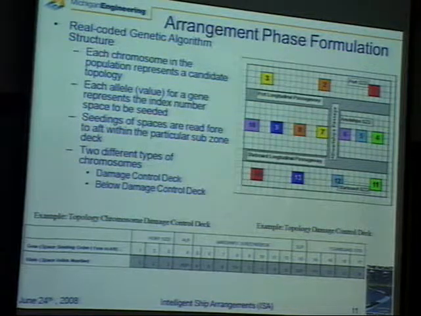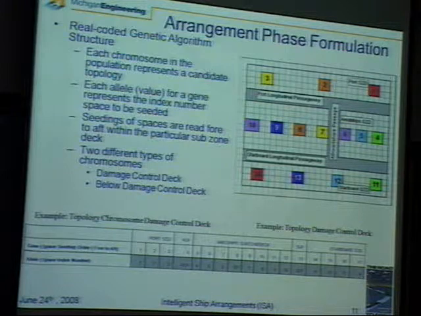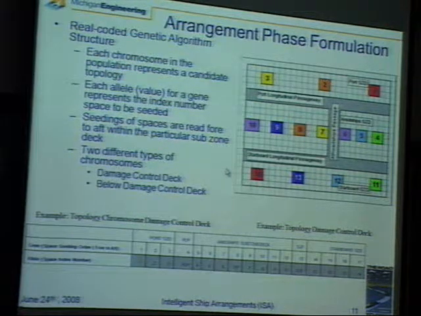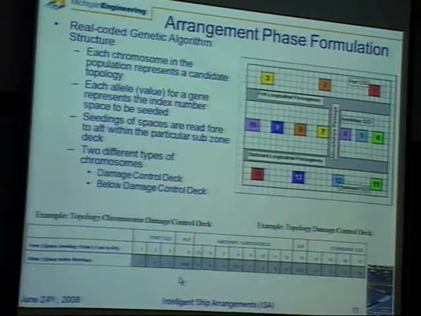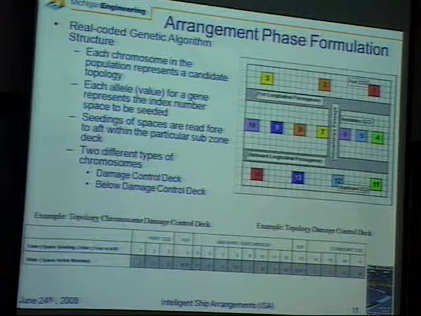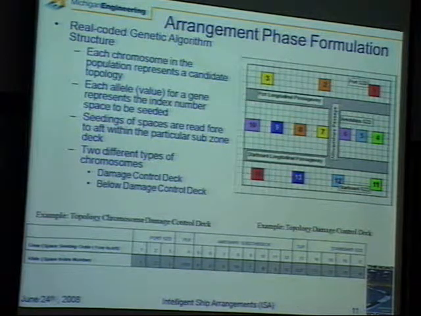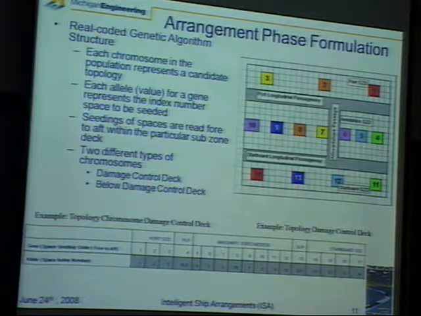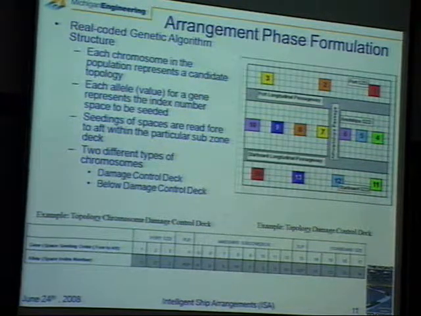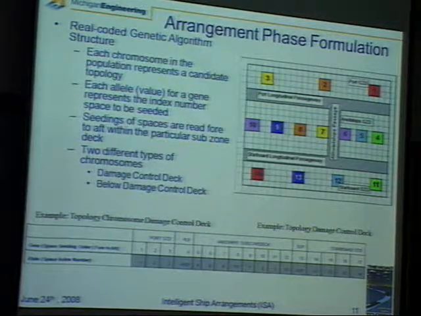Those kinds of topological constraints can also be modeled, and this is one simple chromosome that represents the solution. We only deal with the topological solution with this genetic algorithm.